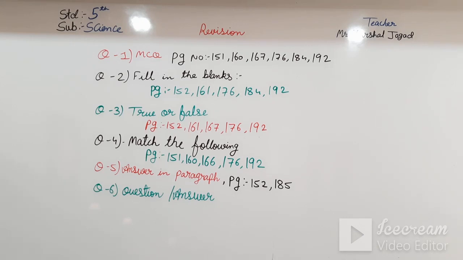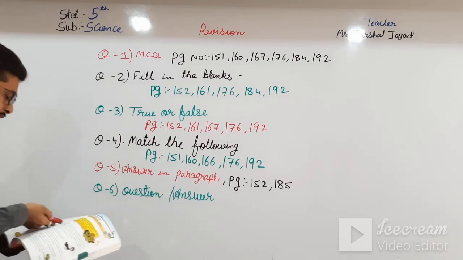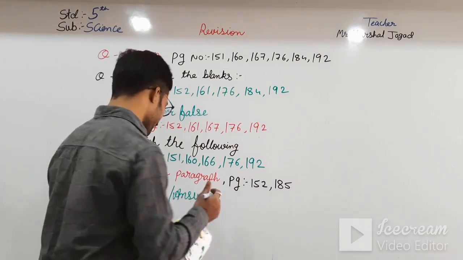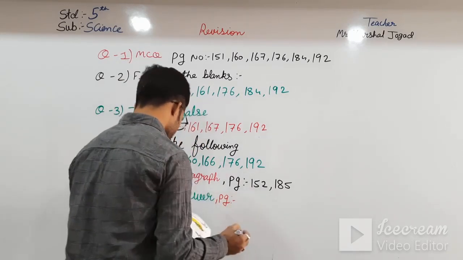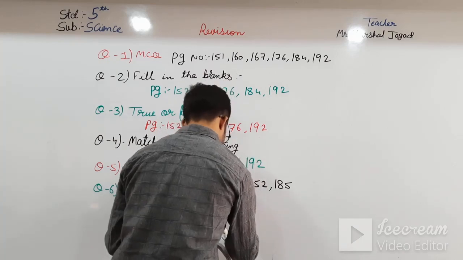In chapter number 1, that is plants and animals, you can see here question number 5 is given on page number 152.